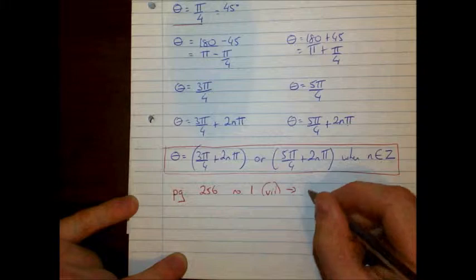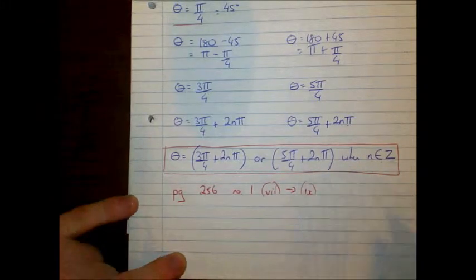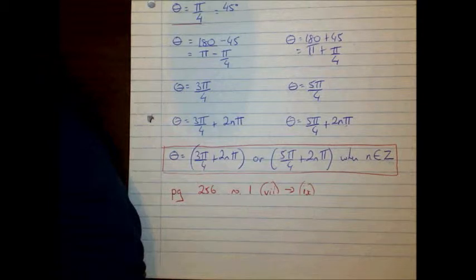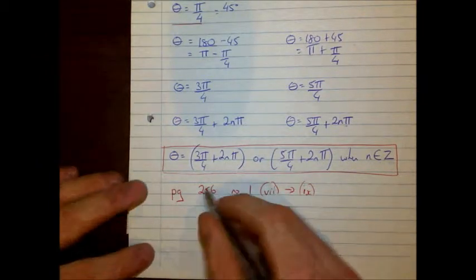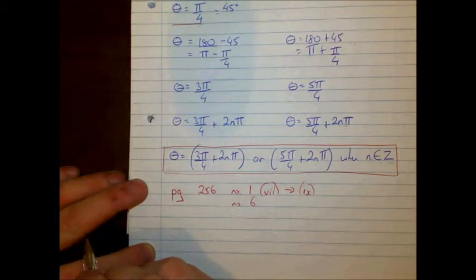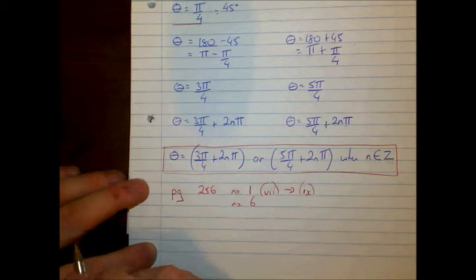You're going to use the clues that it gives you. And when you've got that done, I want you to try, same page, number 6, try all of it. Okay, question 6, try all of it. Okay, that's it.